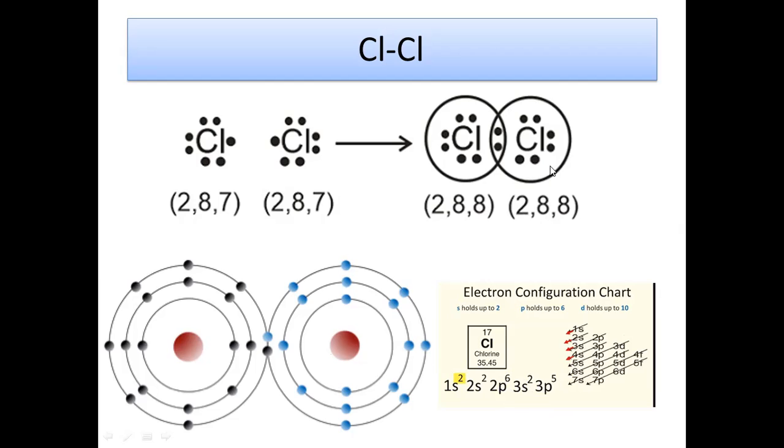You can also see over here, this is 2, 4, 6, 7, 8, and these 2 electrons are shared by each of the chlorine atoms. So the octet of each chlorine atom is complete by sharing of the electron by each atom. That's why this is called the covalent bond.